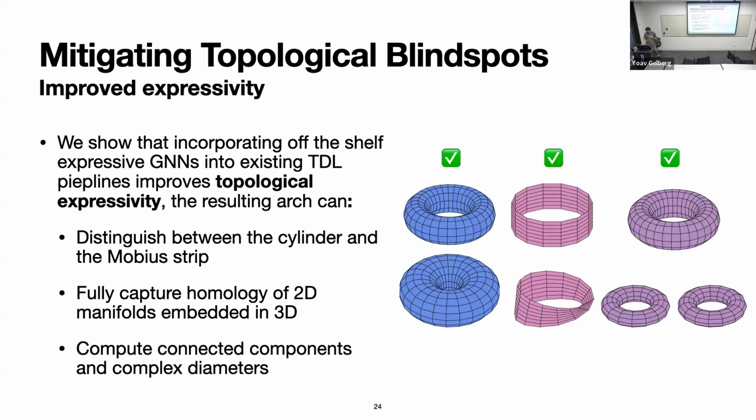The cool thing is that by integrating expressive GNNs into the topological deep learning pipeline, we significantly improve the topological expressivity. Specifically, we show that our models can distinguish between the cylinder and the Mobius strip, so they're better at least at detecting orientability. They can capture the full homology structure of any 2D manifold embeddable in R3, and they can count the number of connected components for any complex.